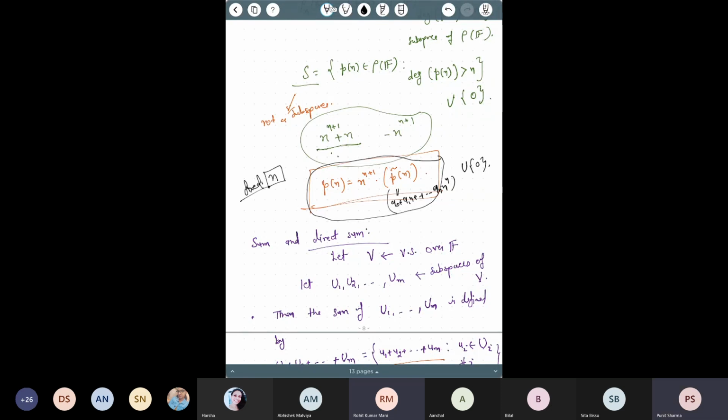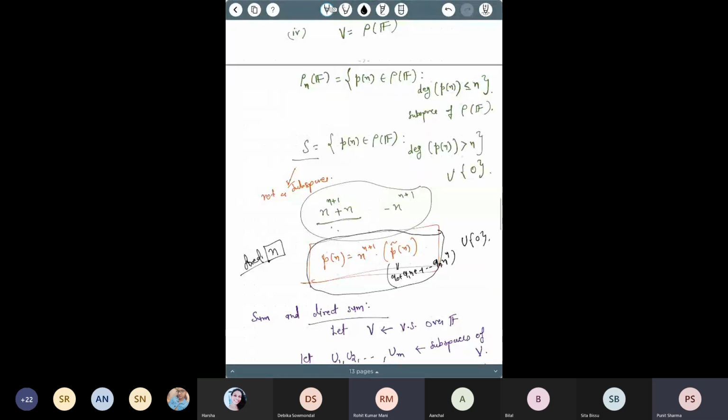When I'm talking about such a set, you have to assume, because here P n of x is a polynomial of degree less than or equal to n. So this n is fixed, and depending on this set, we were talking about this set here. So for a fixed n, you have to check this.